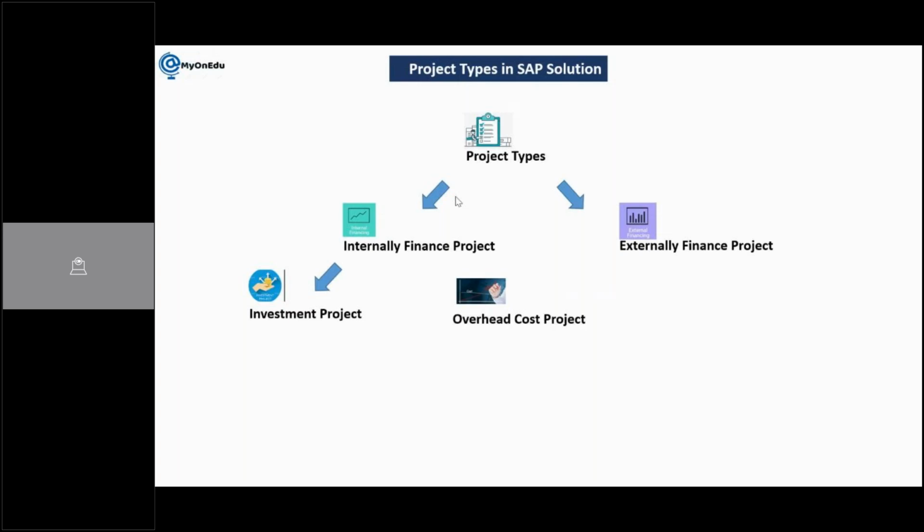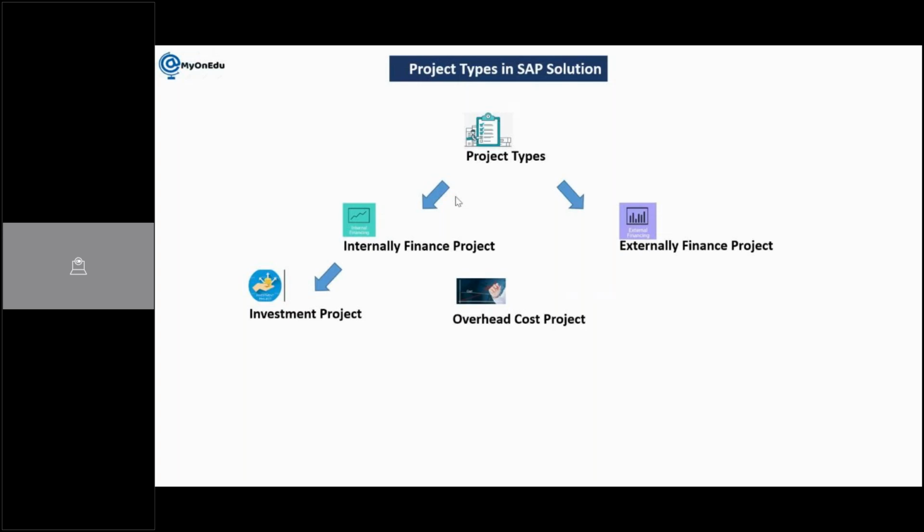I'll give you another example. Say we are a construction company and we got a contract to construct a road. The costing and everything has been done accordingly. After that, the government, who is our customer, asks us to put some plantation on both sides of the road.